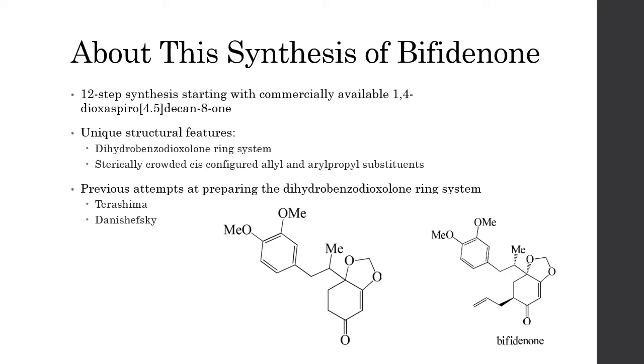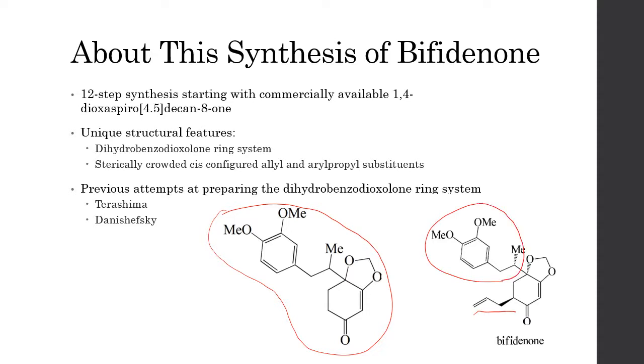The synthesis of bifidenone is a 12-step synthesis starting with commercially available 1,4-dioxaspiro[4.5]decan-8-one. Some of its unique features include the dihydrobenzodioxolone ring system, which is this picture that I included here, and the sterically crowded cis-configured allyl and epropyl substituents.